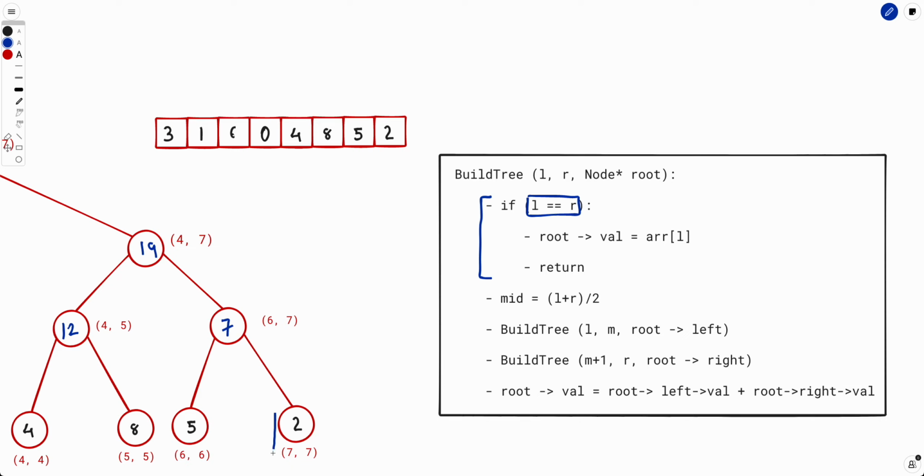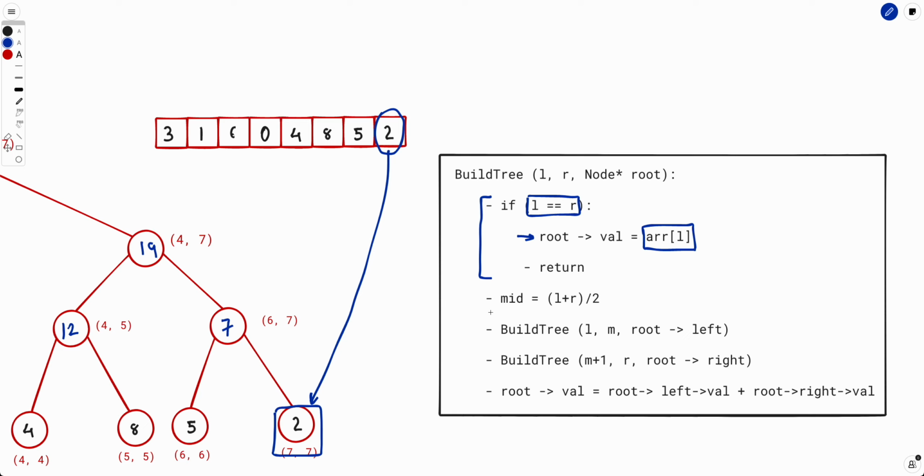It means that we are at a leaf node, and this leaf node denotes exactly one element from the array. So we don't need to go downwards. Instead, we will just copy the value of array at index I to the current root and then return from this function.